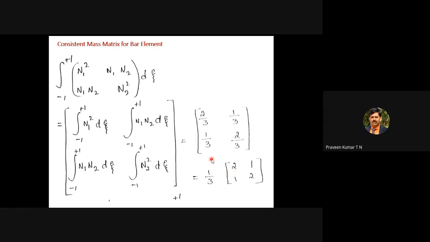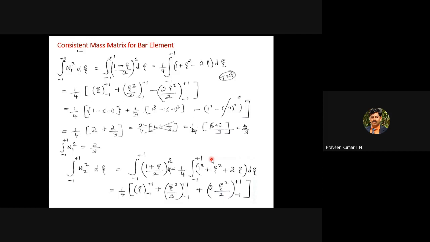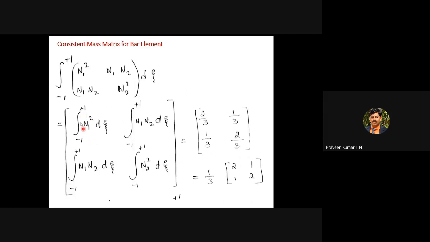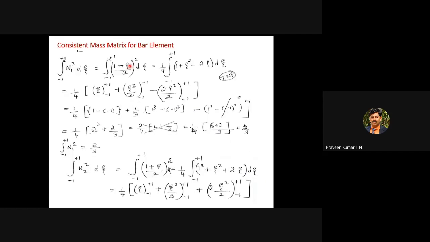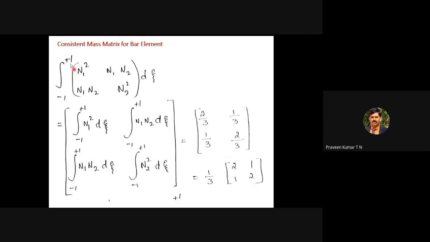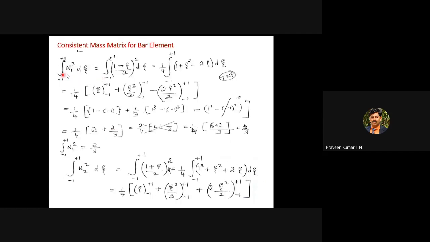If you integrate everything, we get 1 by 3 [2 1; 1 2]. That is after integration. But here, one term is the integration of N1 square, so we are integrating N1 square separately instead of mixing. Integration of N1 square, with limits from minus 1 to plus 1, d xi, and you substitute the N1 value.